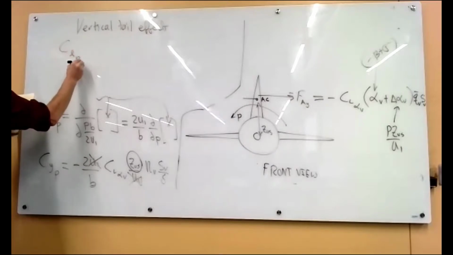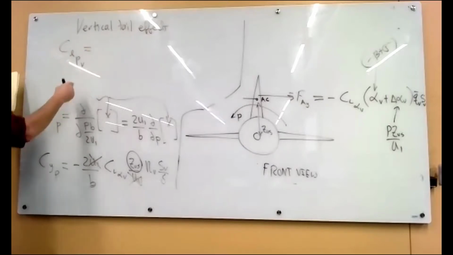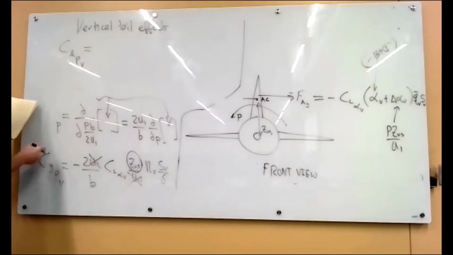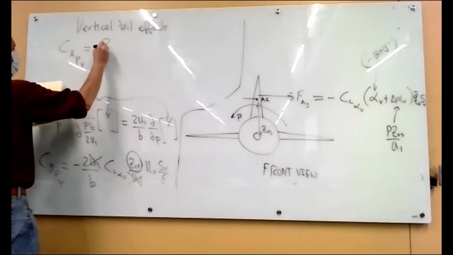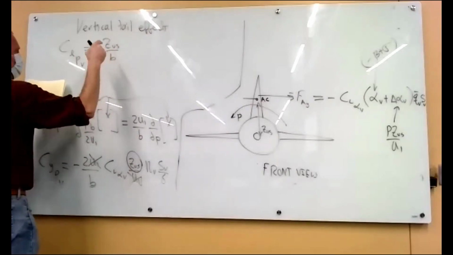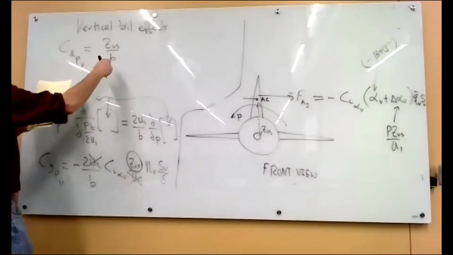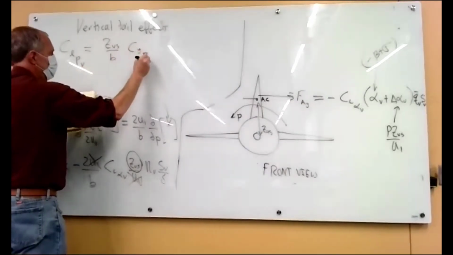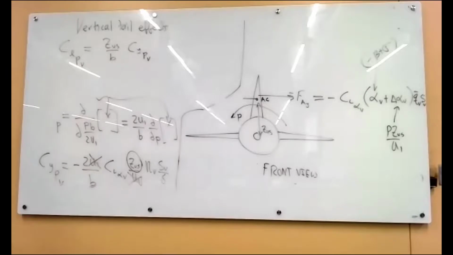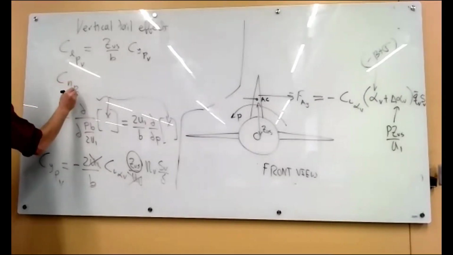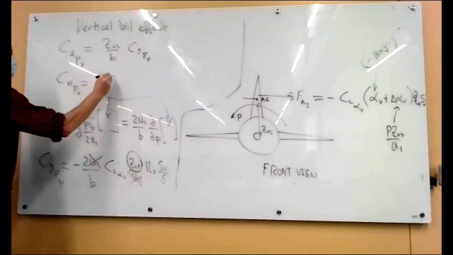So CLPV, the V is for vertical tail, so I guess we should put vertical tail here, is just ZVS over b. There's the moment arm for rolling moment times this thing. And then for the yaw, it's XVS.